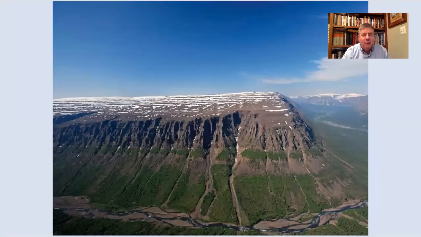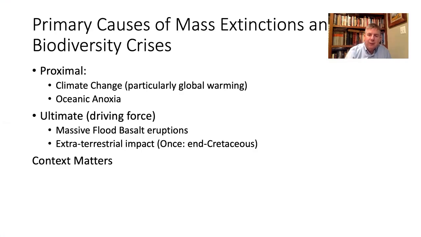This is an illustration from Siberia. It shows a massive flood basalt known as the Siberian flood basalt that covers an area almost the size of the continental United States. It erupted rapidly, and we're fairly convinced now that this is the major cause of the end Permian mass extinction, this event 251 million years ago.